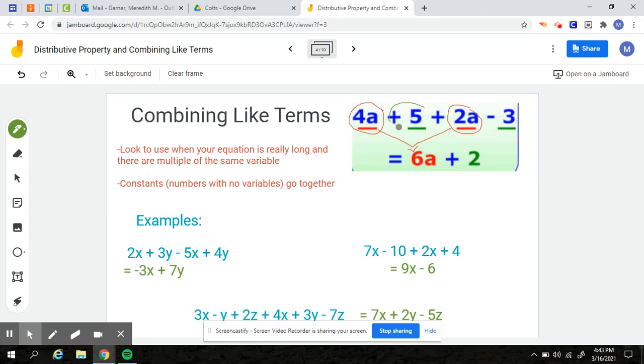We can put those together. +5, -3. Combining those together, we put them in the same pile, we get a +2. So you notice we can take this big, long equation and simplify it to just 6a plus 2. All right, once again, you can see down below here 3 examples worked out with the answers.